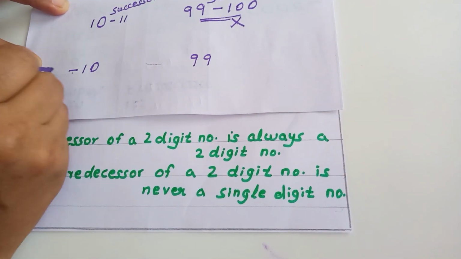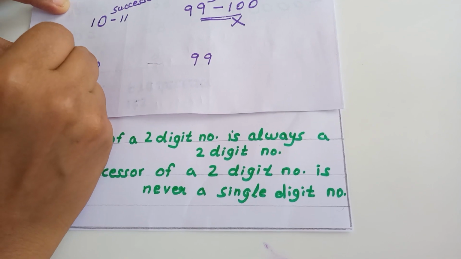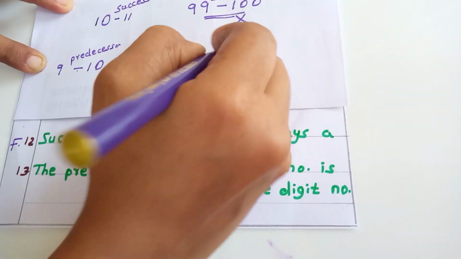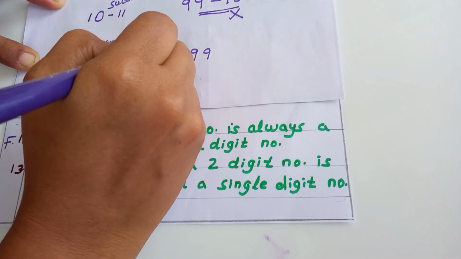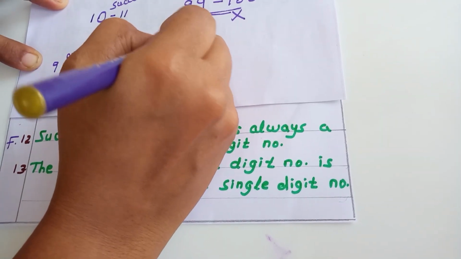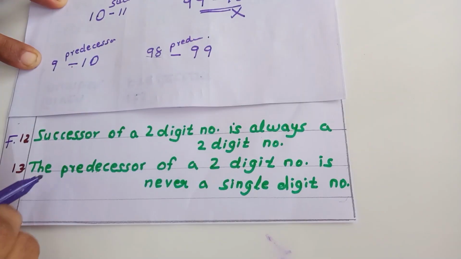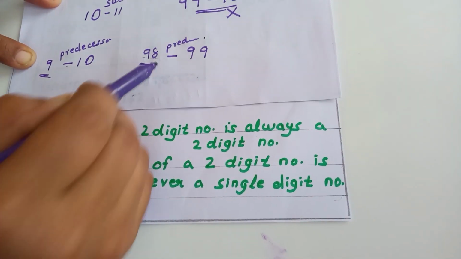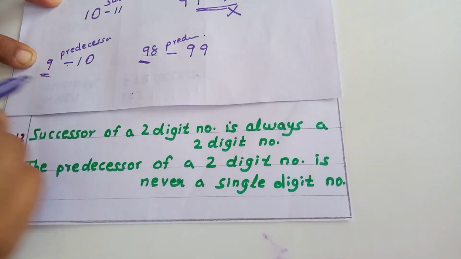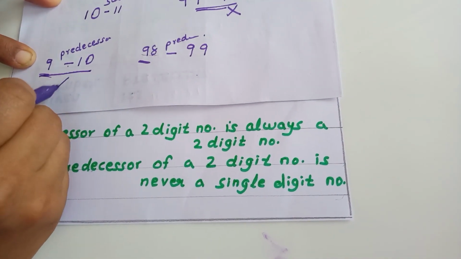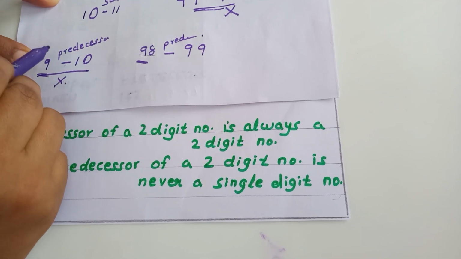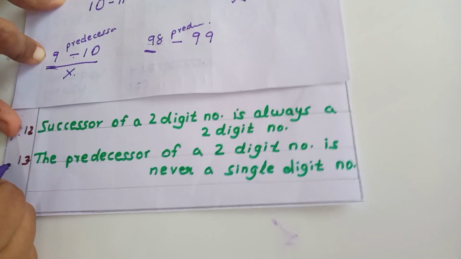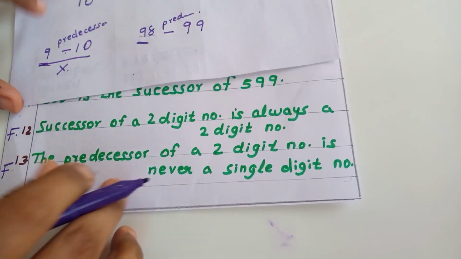The predecessor of 10 is 9. Here, 98. They are saying that these predecessors will not be single-digit numbers. No, here it is a single-digit number. So in this case it is not satisfying this statement. So we can say that this statement is false.